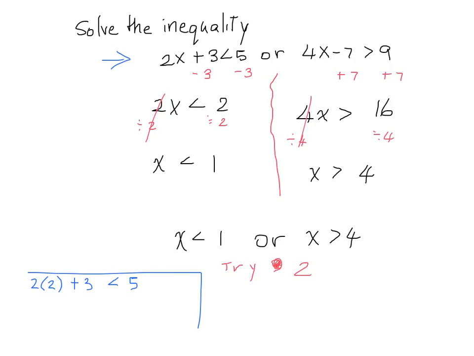Is that true? Absolutely not. It doesn't work, and we didn't think it would, so that's great. But we have to test it on the other inequality, which is 4 times 2 minus 7. Is that greater than 9? No, it's not. It doesn't work. So as we figured out, x has to be either less than 1 or greater than 4. Anything in between does not work for either inequality. So we are correct.